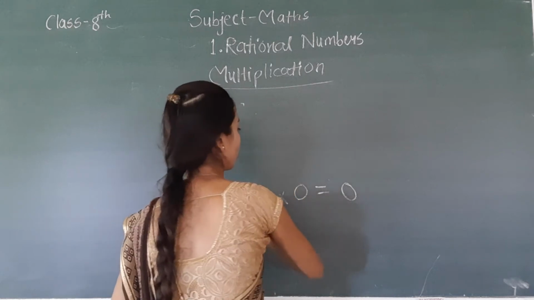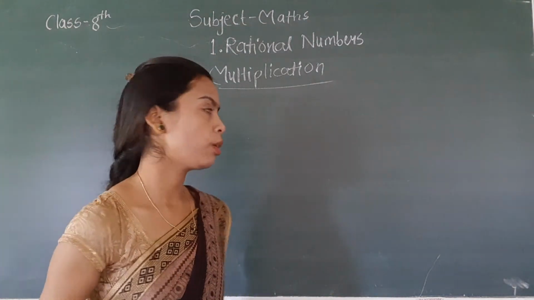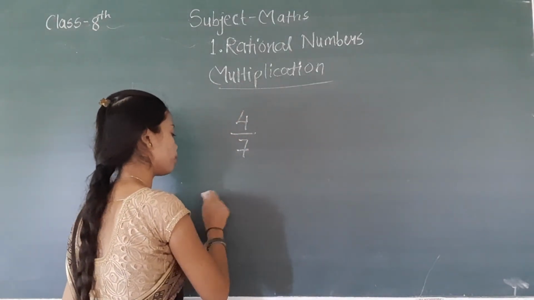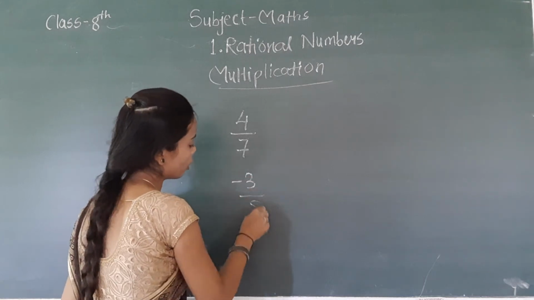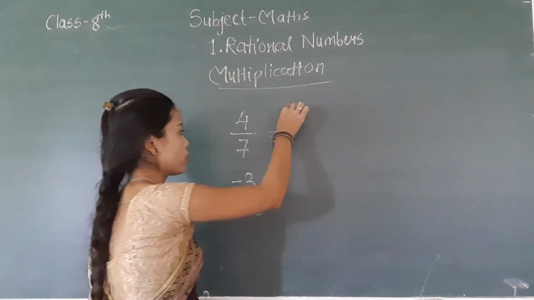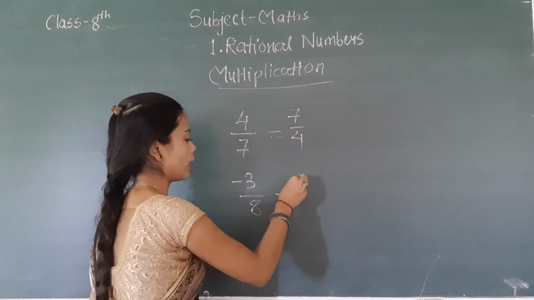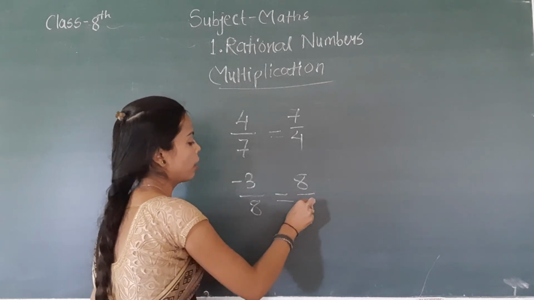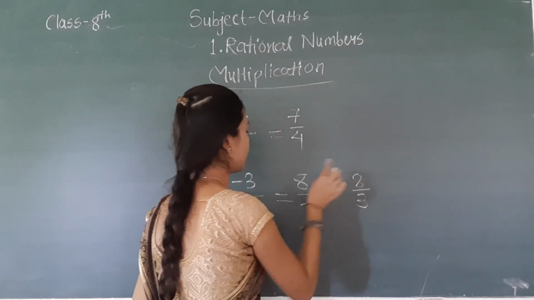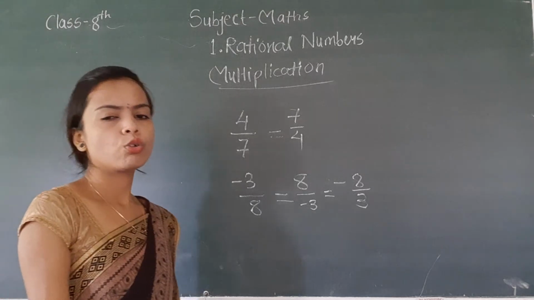If your rational number is 4/7 or minus 3/8, the reciprocal of 4/7 is 7/4, and the reciprocal of minus 3/8 is 8/-3, or you can write minus 8/3. You can place minus in the denominator as well as numerator.